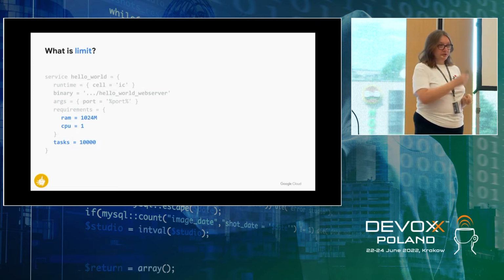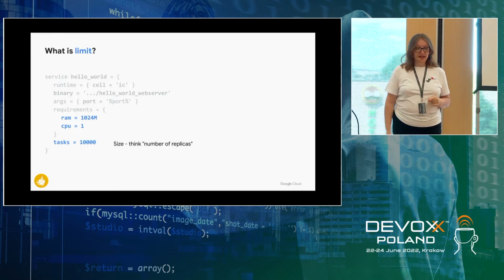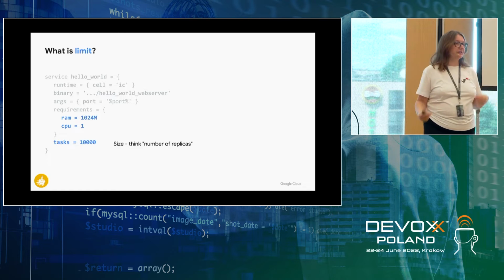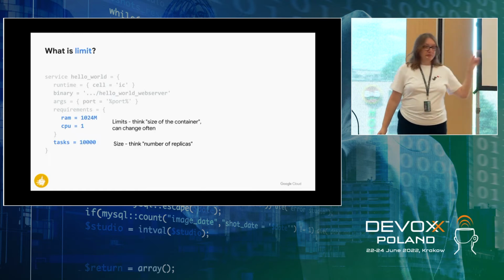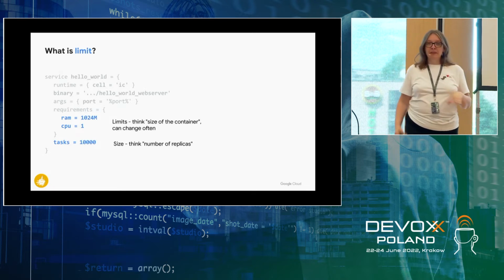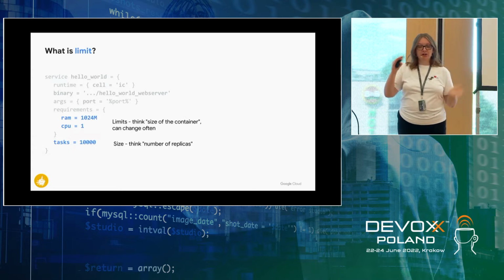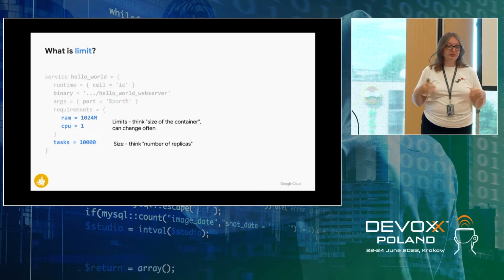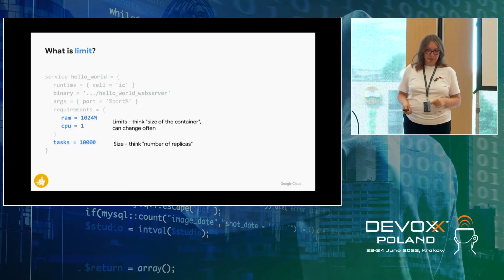But there are two important pieces in this config. First of all, there is a number of tasks. We call it size, and you can think about this as a number of replicas of this service. Then we have requirements, RAM and CPU. We call those limits, and think about them as the size of the container, so how much memory and CPU will be allocated for this particular service.